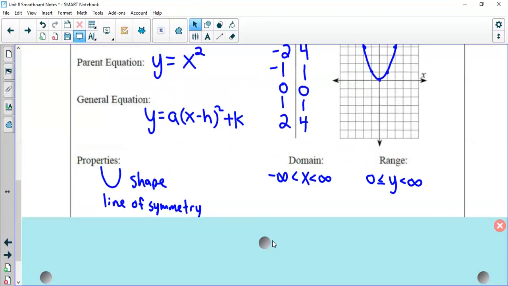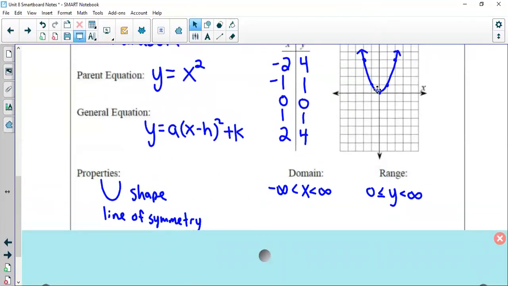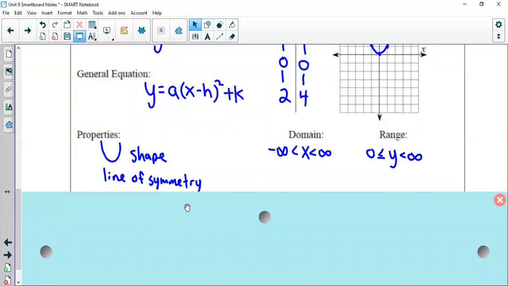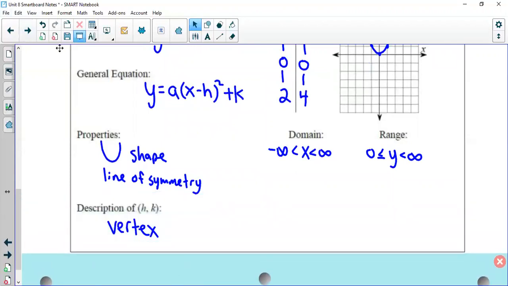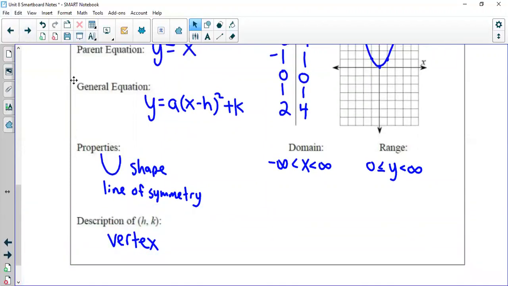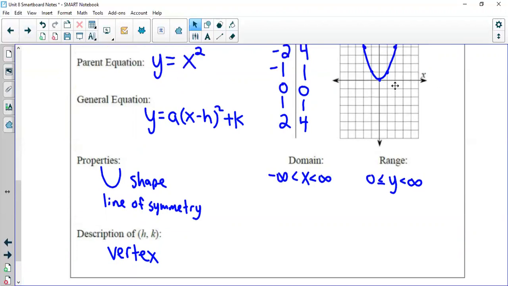There is a line of symmetry with every parabola. In this case, it would be the line x equals 0. And then, like I was saying, every single parent graph has a special point at h, k. In our parent graph, the h, k is always 0, 0. So if we look at 0, 0 here, it is that low point, which is what we call a vertex.